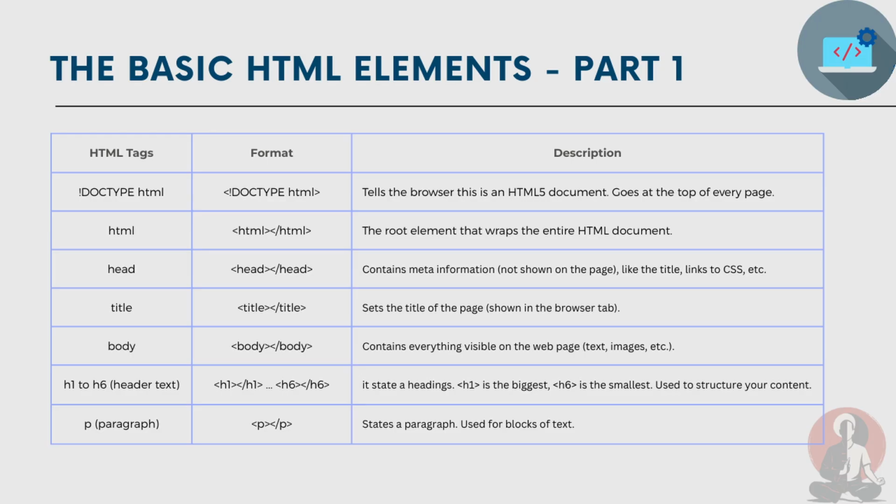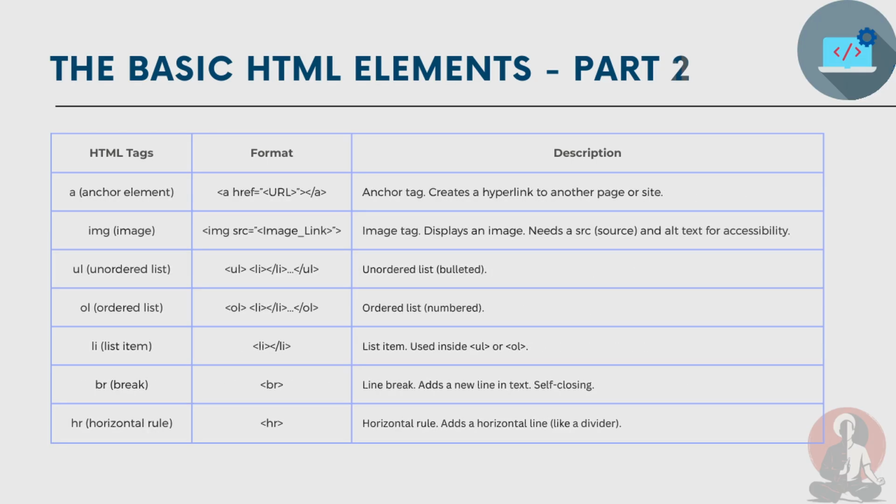And then we have h1 to h6. These are the headings. h1 is the biggest, and h6 is the smallest. They are used to structure your content. The p tag is the paragraph, used for blocks of text. Then we have a with an attribute of href.